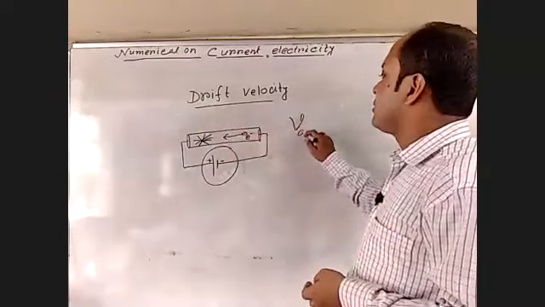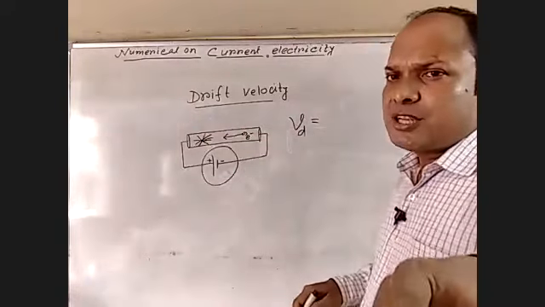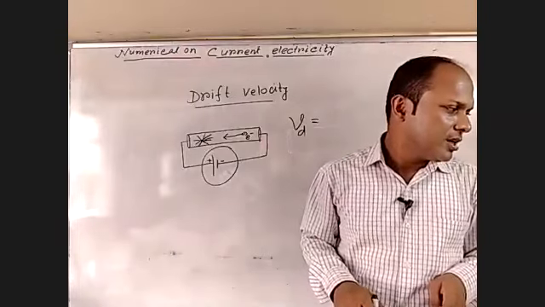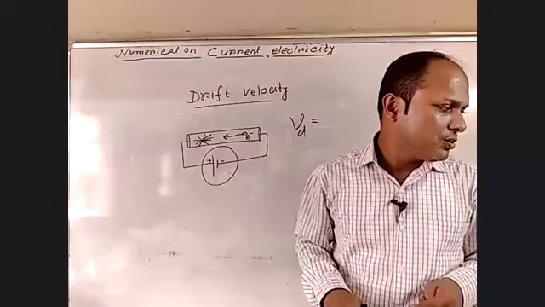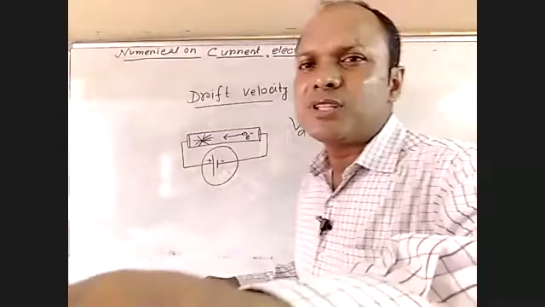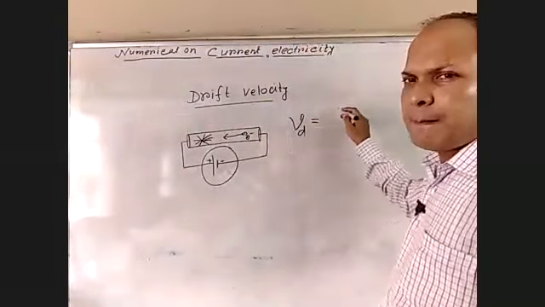That velocity is called drift velocity, which is expressed as, who can tell me? Apshana, Atanu, Chandrima. Anyone can? Dibbendu, you tell me. What was the expression of drift velocity?